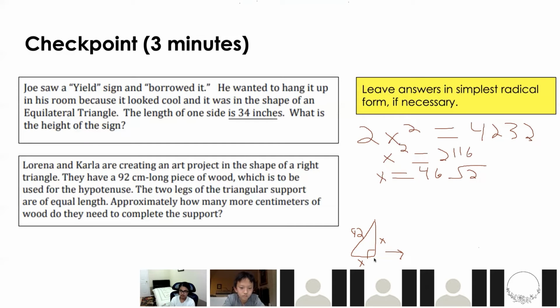Yeah, that's right. Nice job. So you basically just used 45, 45, 90 triangles, but directly with the Pythagorean theorem.